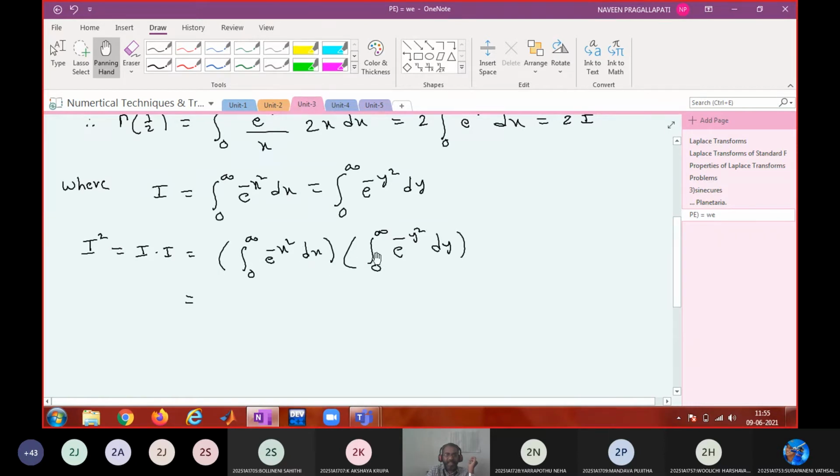Can I take this k inside this integration? k into integral is integral of k. Agreed? Can I take the entire thing inside this integral? Yes or no? So this is constant. What is that constant? 0 to infinity e power minus x square dx, and e power minus y square dy. Is this step understood by all of you?